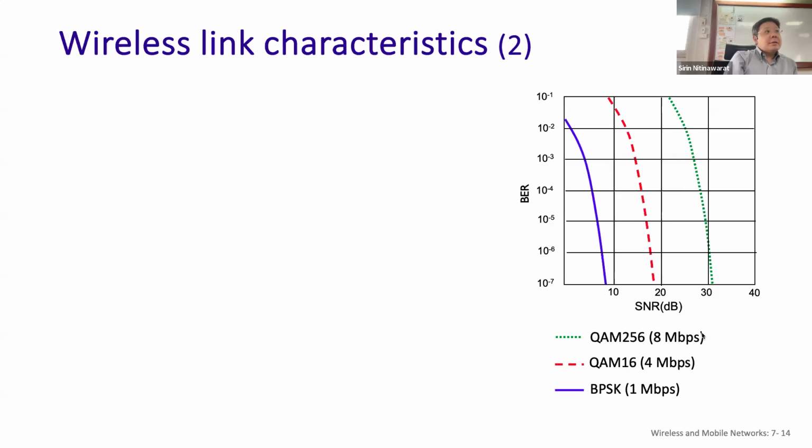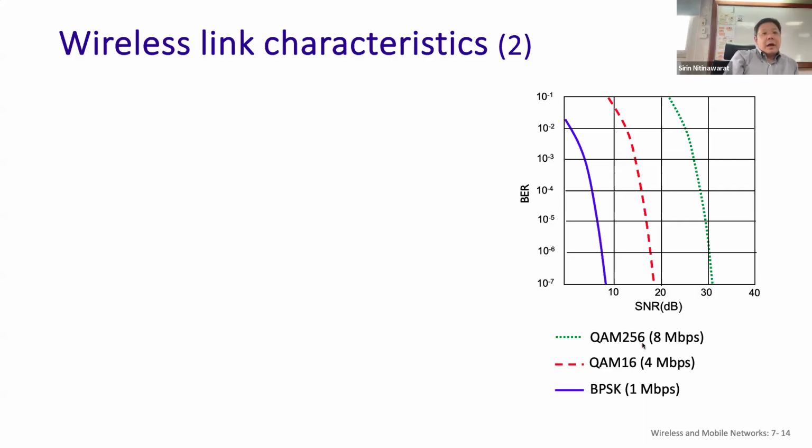QAM 256. By the way, did you take digital communication already? Introduction to digital communication. Did you take it? Okay, how do you think BPSK is different from QAM 16, QAM 256? What do you think is the difference?